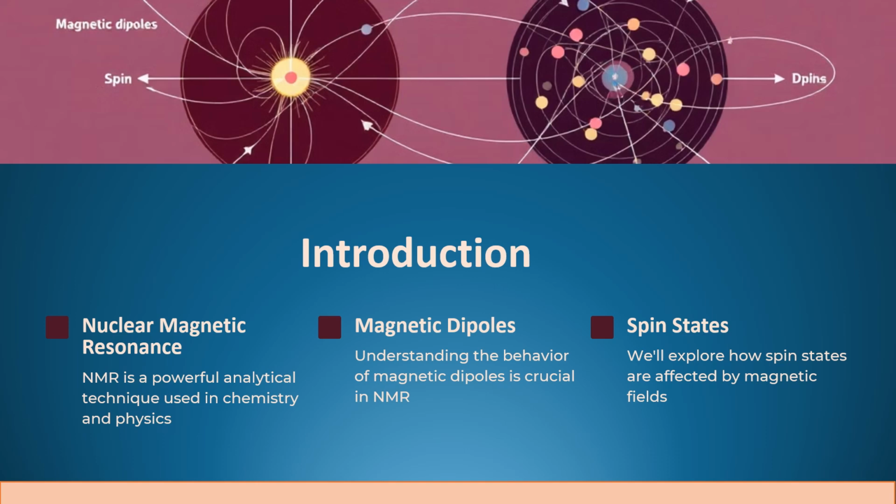When exposed to a magnetic field, nuclei either align with or against the field, resulting in different energy levels. A pulse of radiofrequency radiation can cause the nuclei to transition between these states, and the energy released or absorbed during this transition provides the data we measure in NMR experiments.